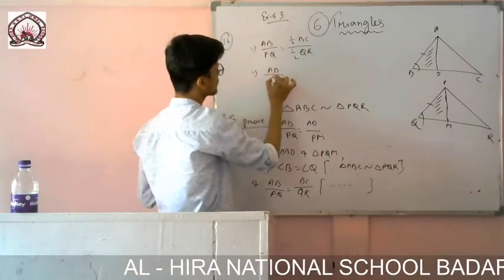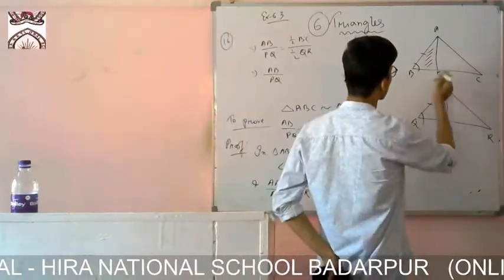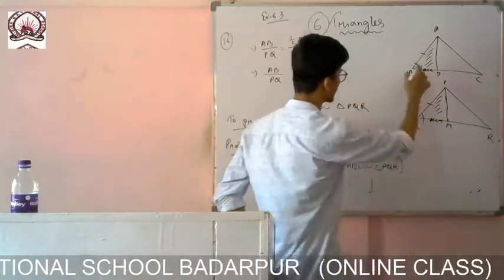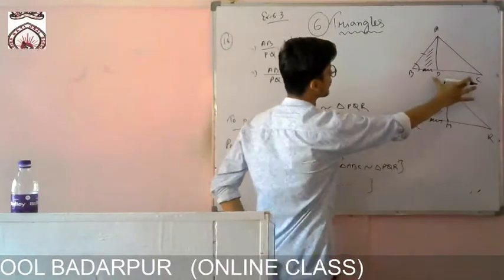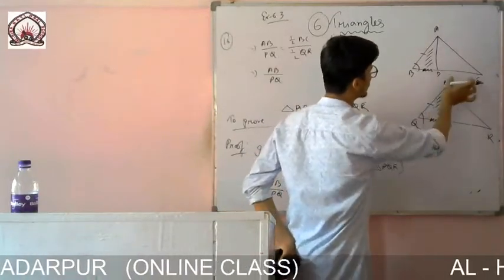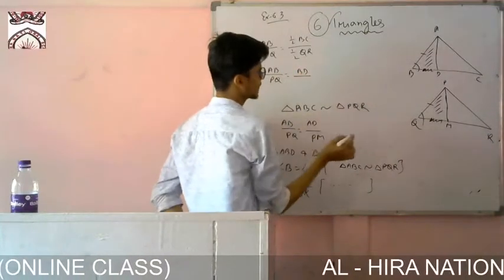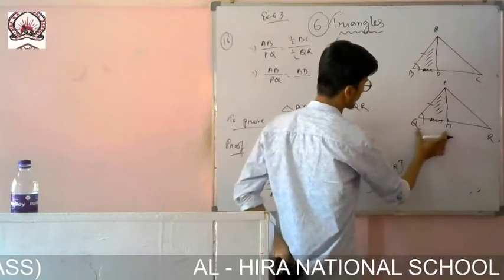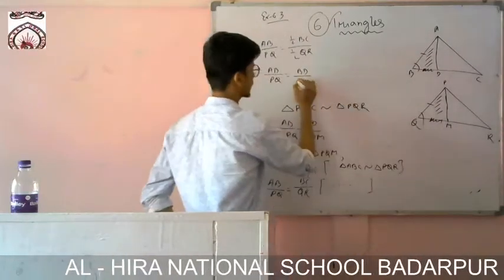So AB by PQ, if I multiply by half, this is the median, that means this line is divided into two equal parts. So in place of half of BC, I can write BD or DC, so I am writing BD, and in place of half of QR, I can write QM or MR, and I need this side, so I am writing QM.